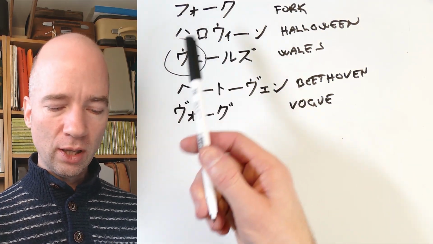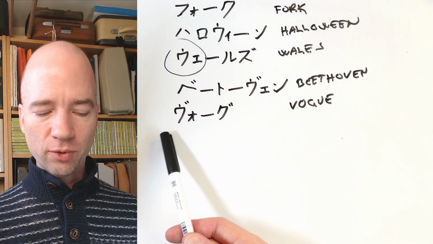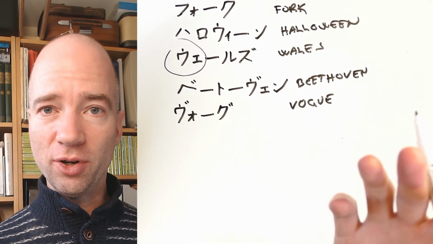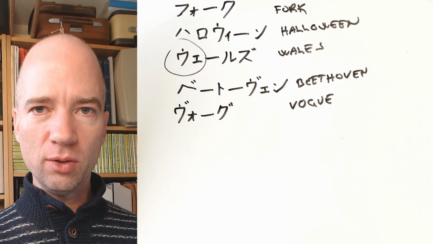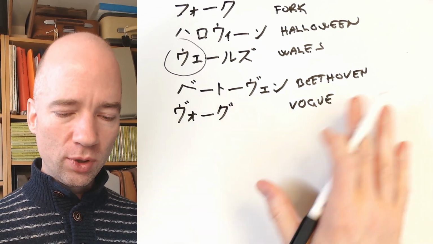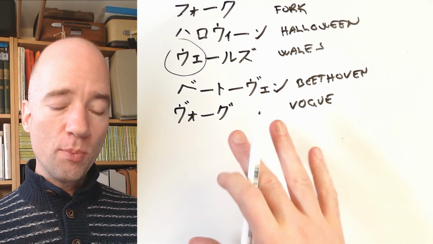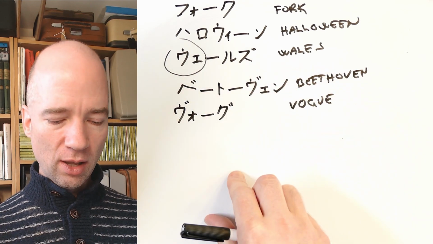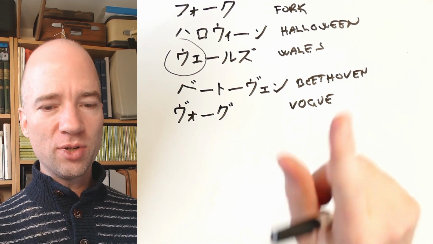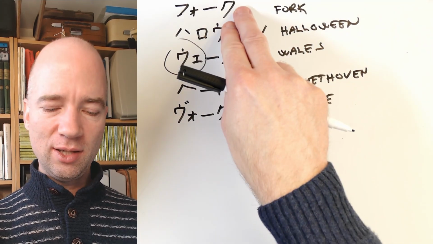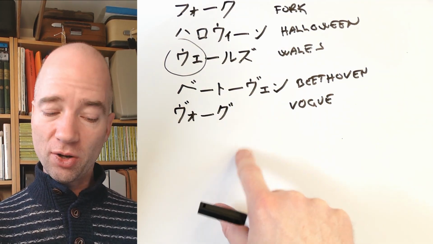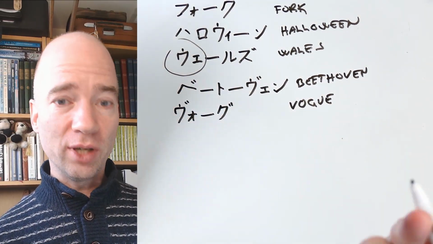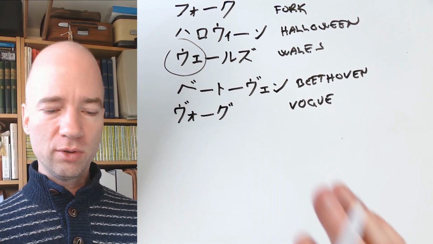So foku, weruzu, vogu, because that U at the end has a tendency to be devoiced, and therefore it's quite a weak U, and so it is the one that would give you the closest approximation to pronouncing it without the vowel at the end. Foku, weruzu, vogu. Of course, it's most noticeable on the fork. The U is devoiced on the whales and vogue, because there are voiced consonants before. There will be more voicing on the vowel naturally.